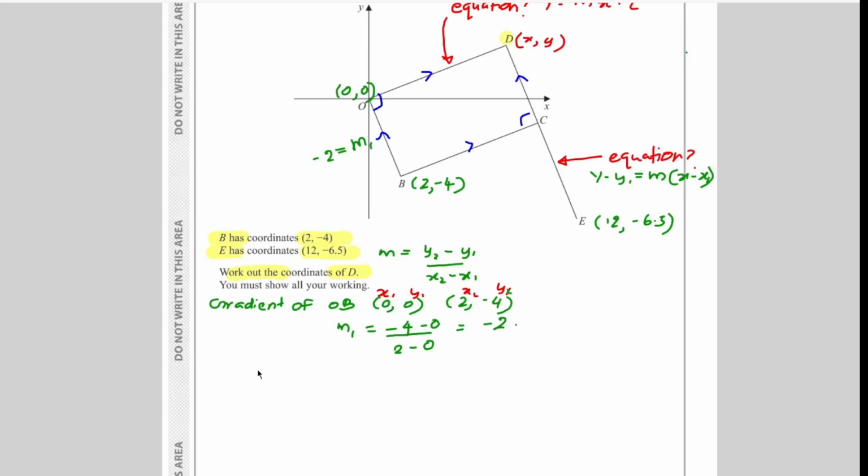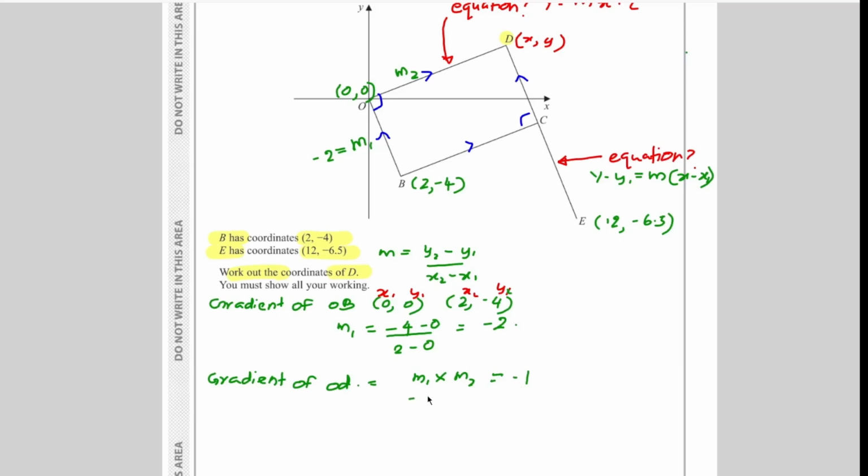Let's get the gradient of OD then. Gradient of OD. We know that if this is m1, this is perpendicular to this line OD. Then let's label this one as m2. If two lines are perpendicular, we can write that m1 and m2, once we multiply their two gradients, they equal minus 1.